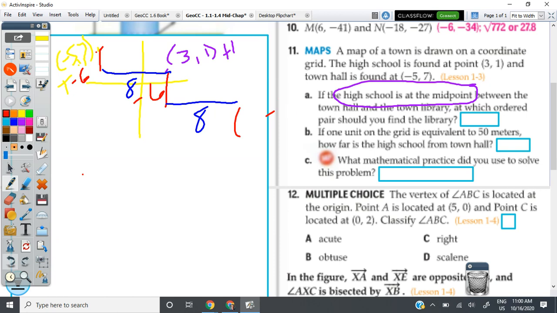We've got to do our y's. From 1, if I go down 6, I'm going to be at -5. From 1, remember, y here. And if I go over from 3 and I go over 8 more, that's going to put me at... That will not be on the test. You won't have to do that, but if it's on the test, it'll be bonus.